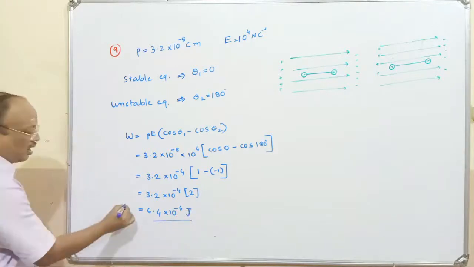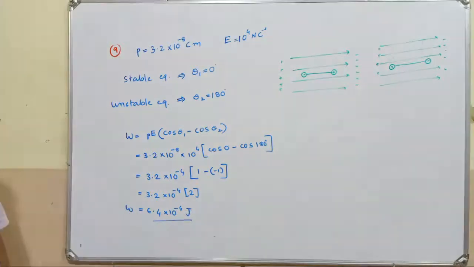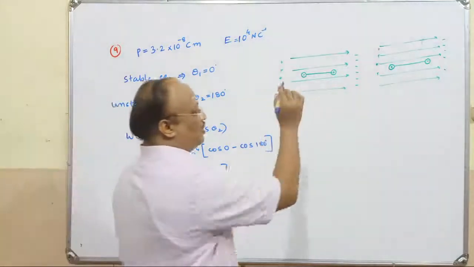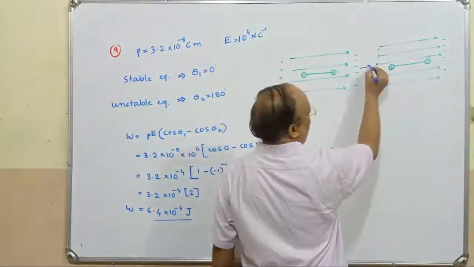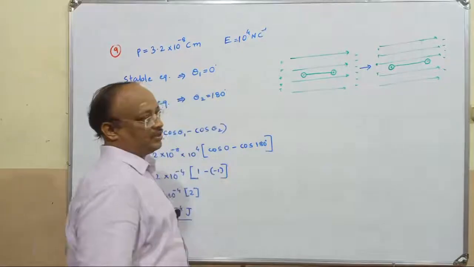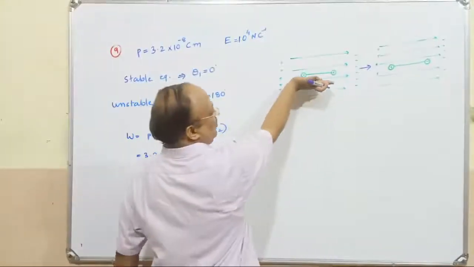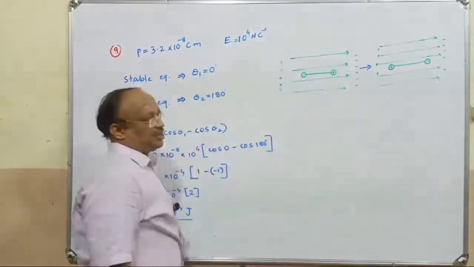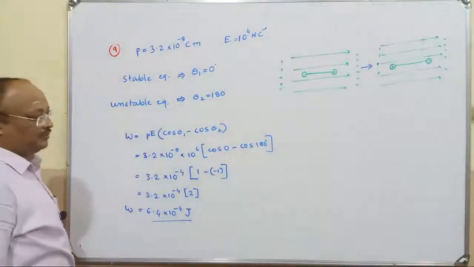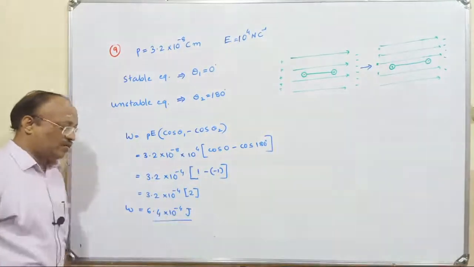That is the amount of work done to move that dipole from stable state to unstable state. To rotate it from stable state to unstable state, this is the amount of work we have to do.